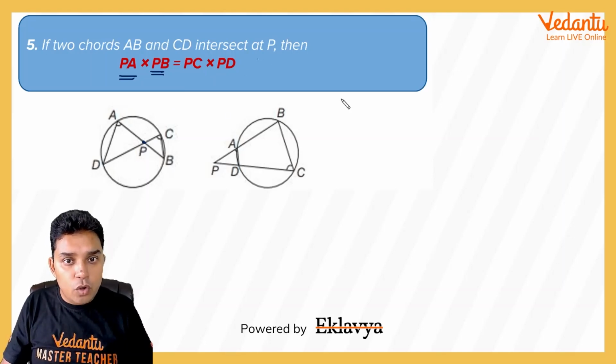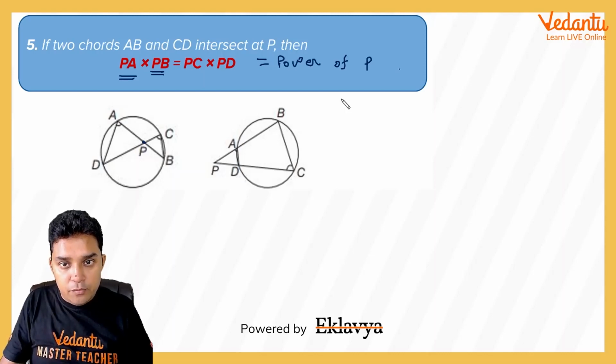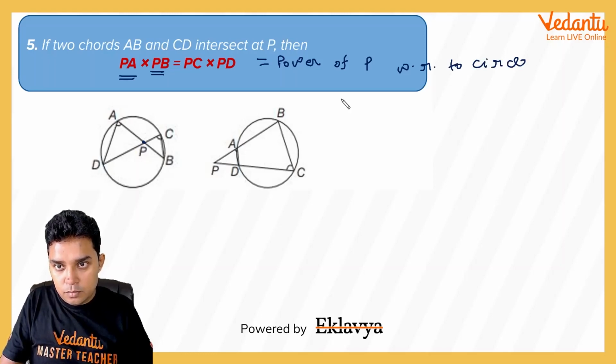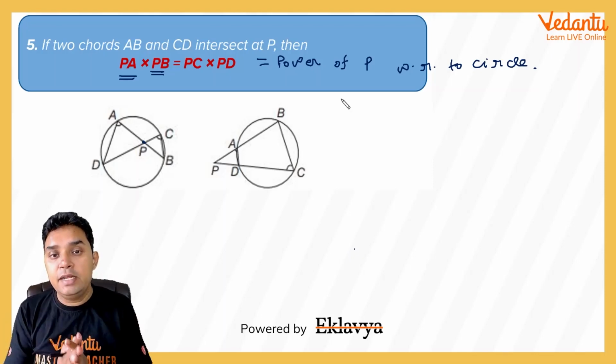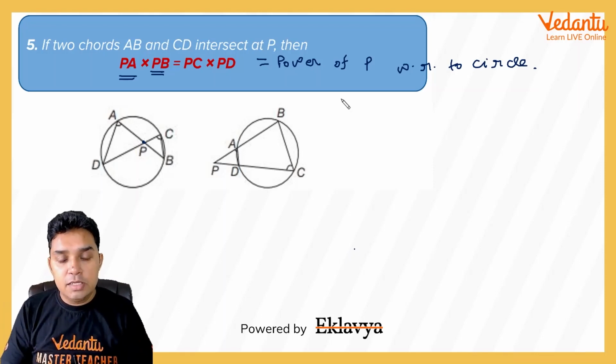This is also called the power of point P with respect to the circle. We will talk about this, or you will study this in detail in your 11th class circles chapter.